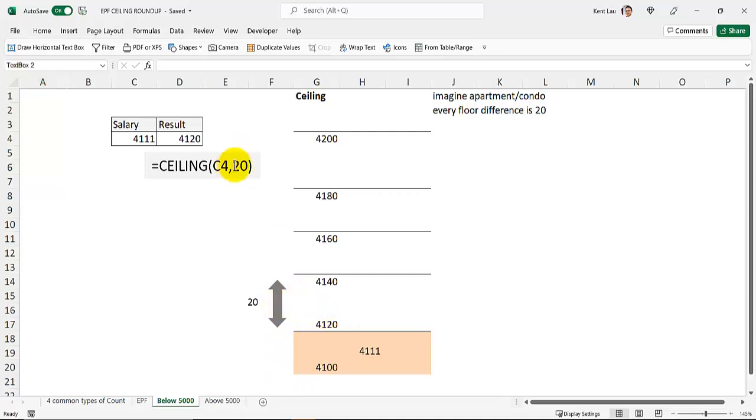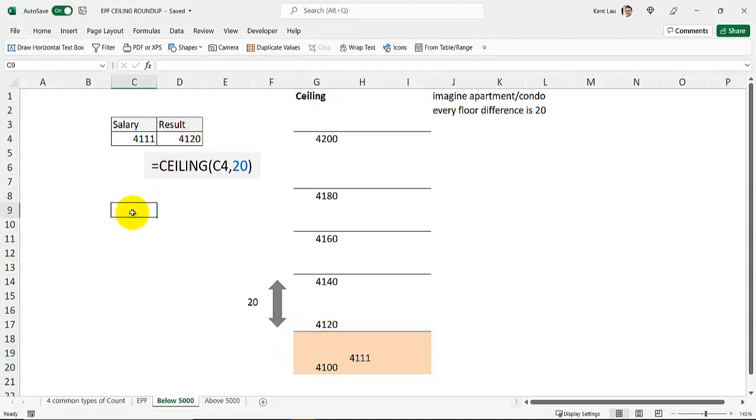Why 20? Because here it's specified as 20. So from 4120, it moves to another level. That ceiling is 4140, and moving to another ceiling, you just add 20, which will be 4160. So if you have a value of 4111, it fits somewhere here. This is the room space, and the ceiling is 4120.